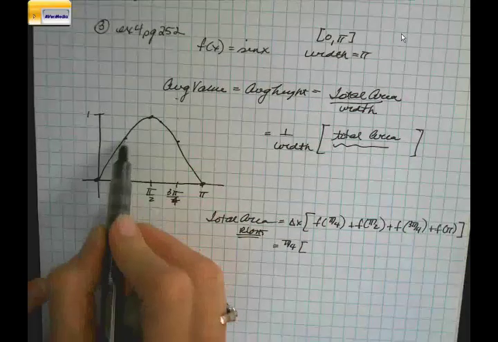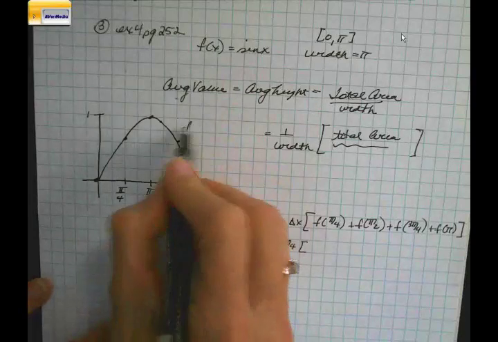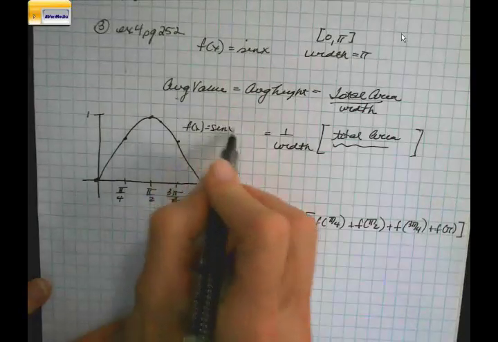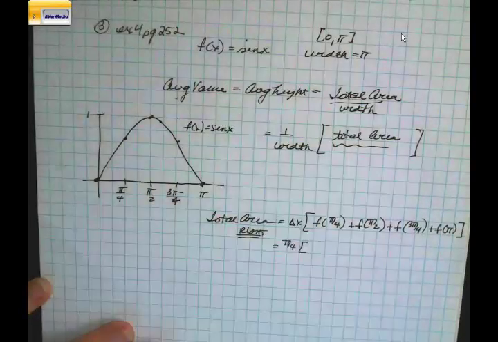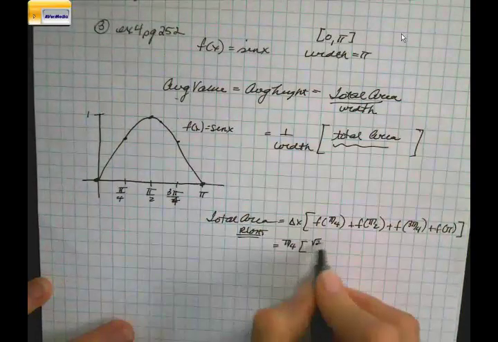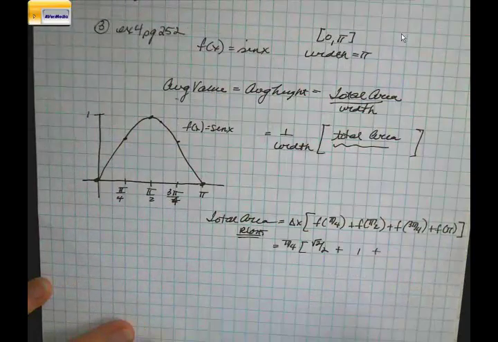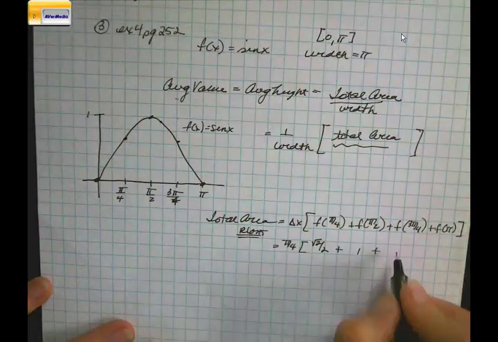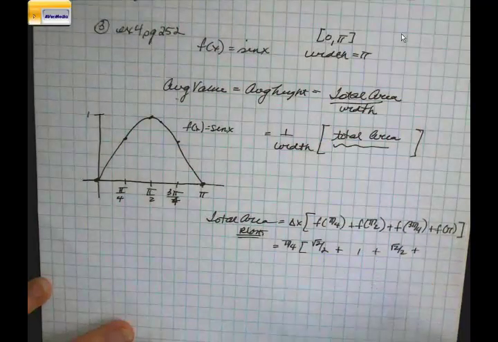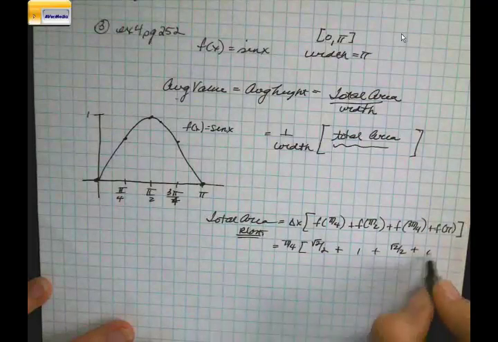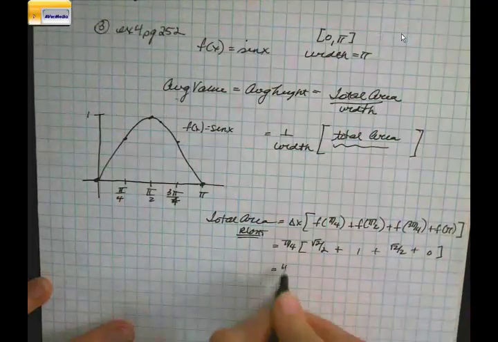F of pi fourths is this height. Well, what is the function? The function is sine x. So sine of pi fourths is square root of 2 over 2. Sine of pi halves is 1. Sine of 3 pi fourths is square root of 2 over 2. And sine of pi is 0.